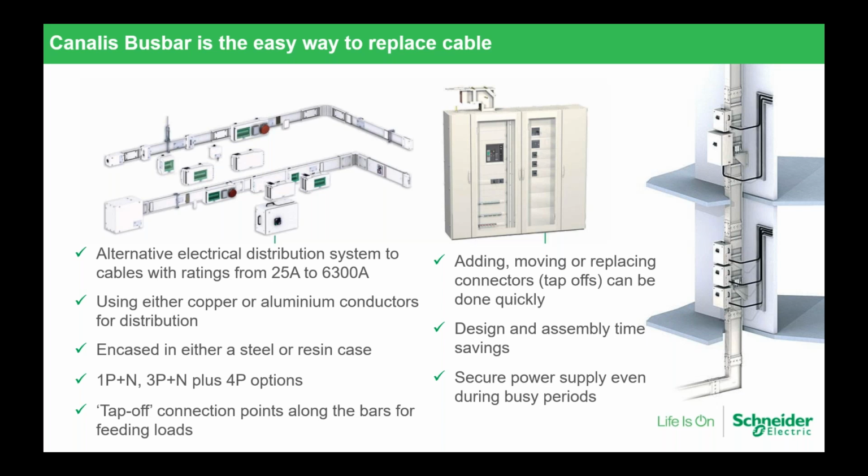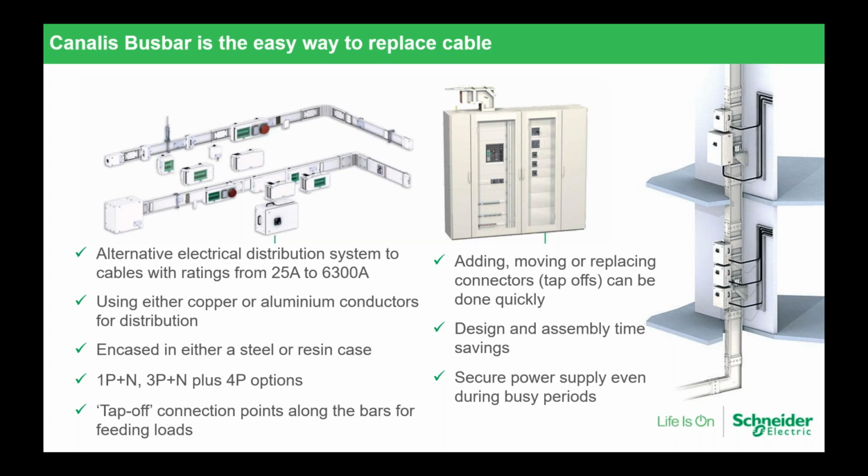So roughly these are the main advantages, and why we are seeing, and probably you are seeing also in your day-to-day activities, that the bus bar is becoming, or will become, more and more present and will replace cables in most projects, depending again on the complexity and scale of the project.